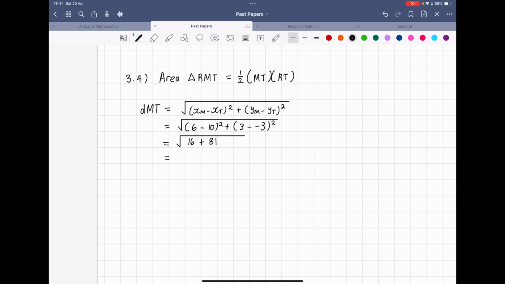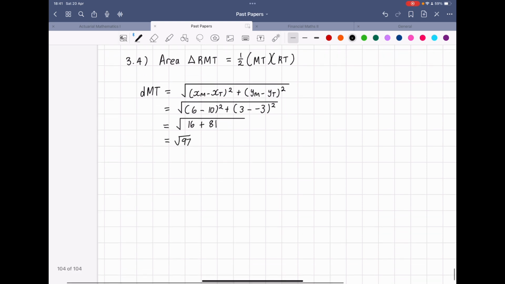So we have the square root of 97 for MT, and then we do the same for RT.